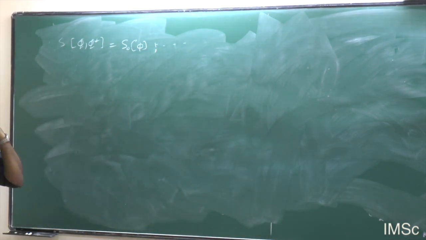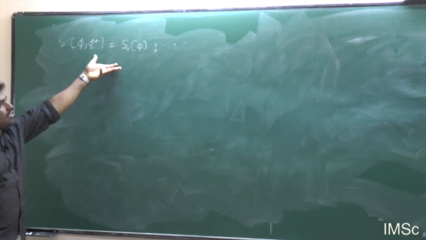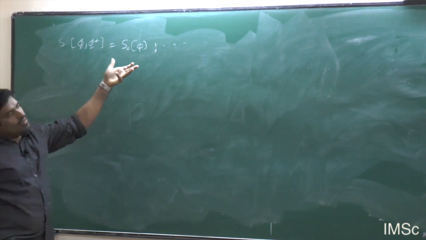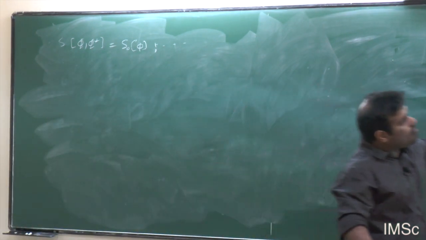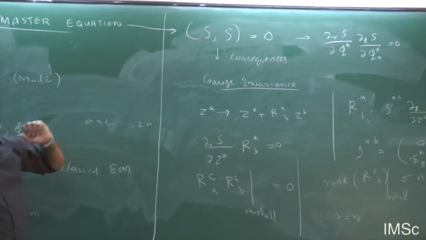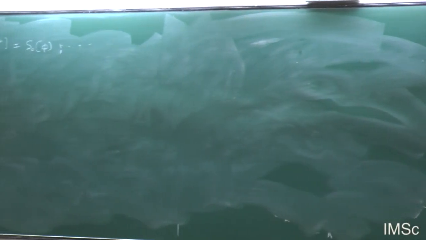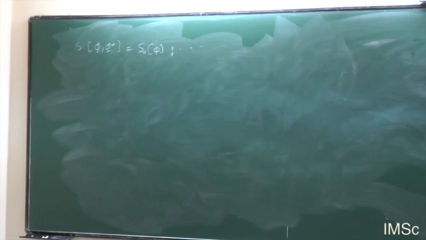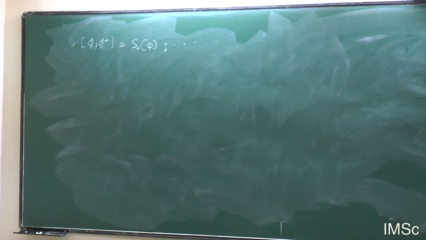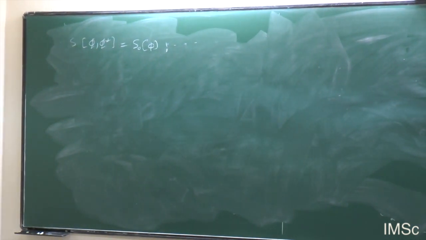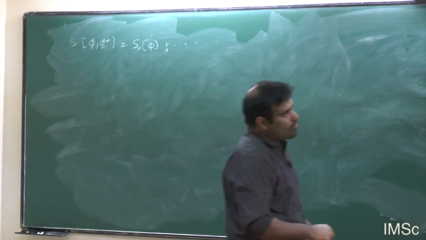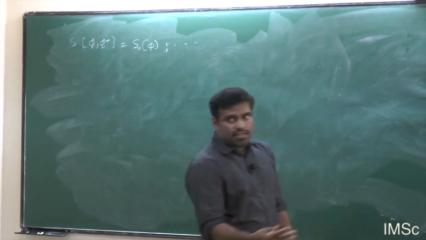Once you take this expansion of the classical master action and put it into the classical master equation, this will reproduce all the relations between the different gauge structure functions. So the expansion of the master action contains all the gauge structure functions, and the antibracket of the action with itself will reproduce all the gauge structure relations that you have.